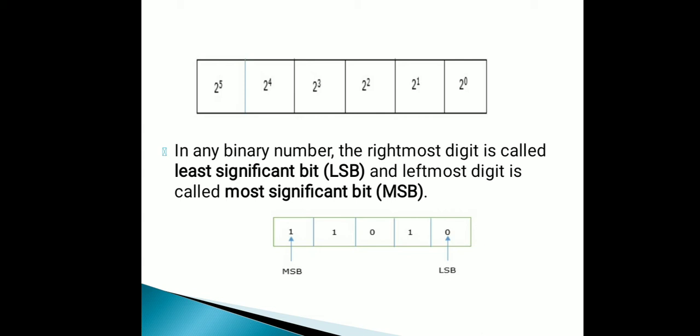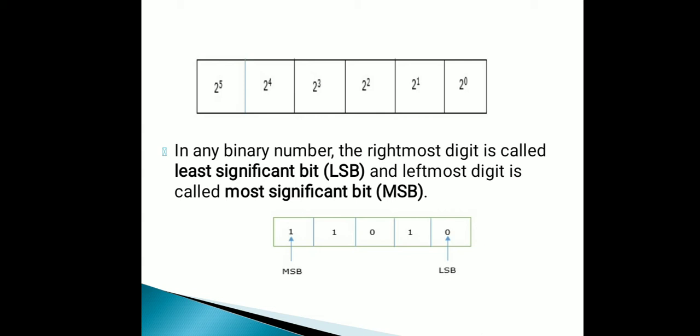Similarly, in any binary number, the rightmost digit is called the least significant bit and the leftmost digit is called the most significant bit, similar to the decimal number system.